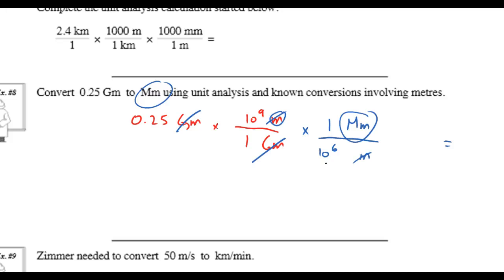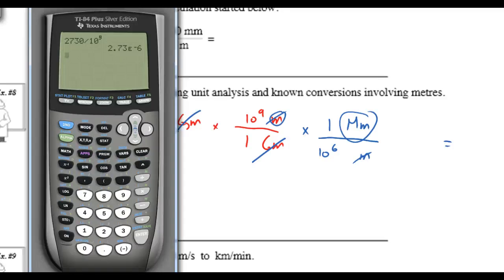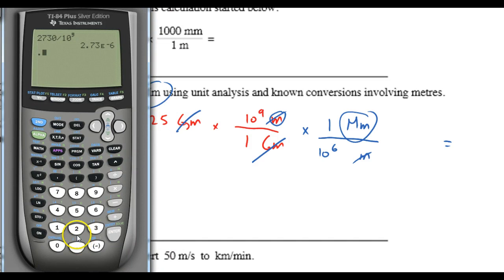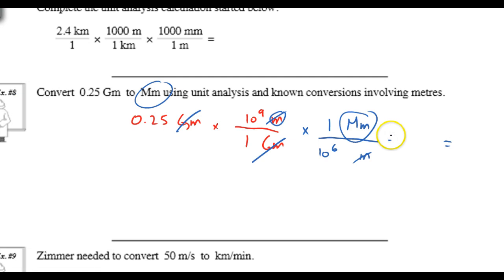Okay, so if I put that on my calculator, it's going to be 0.25 times 10 to the power of 9, and then finally divided by 10 to the power of 6. And I get 250 megameters.